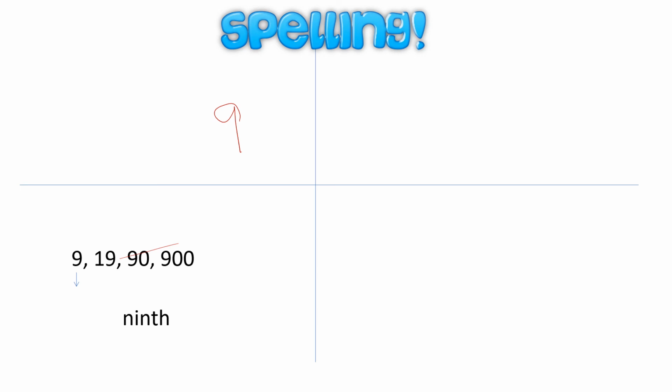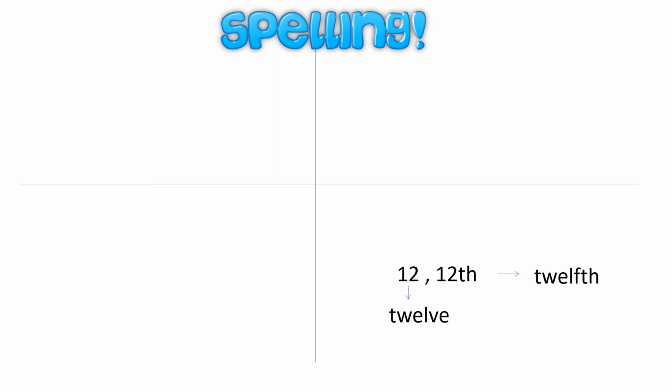But when you're doing it in ordinal number, you write it as N-I-N minus the E. The final spelling is for the number 12. In this instance, like I mentioned before, you change the VE to an F and you add a th at the end to make it 12th.